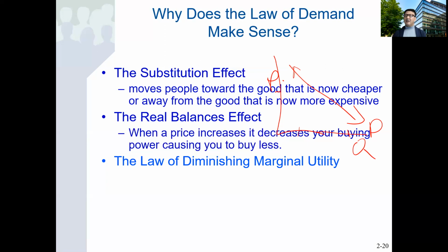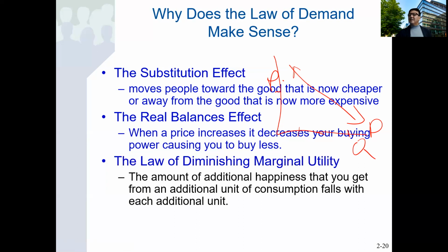The second car gives you much less satisfaction, because you already had a first car, so it doesn't excite you as much. That's the law of diminishing marginal utility.